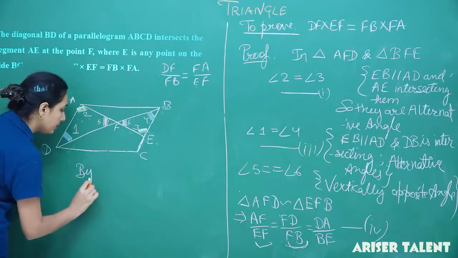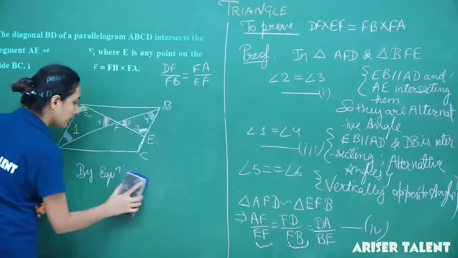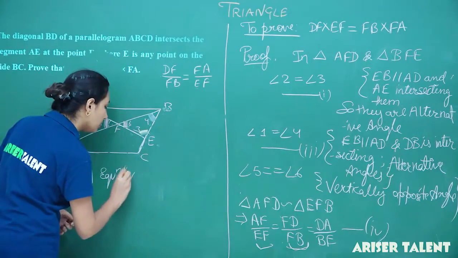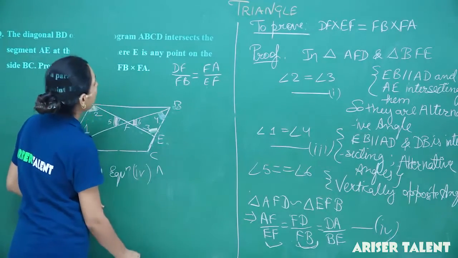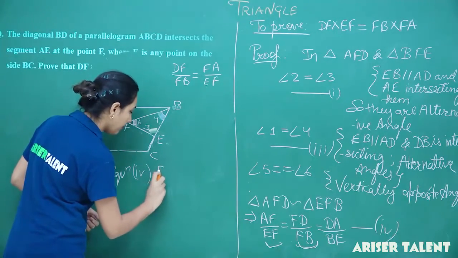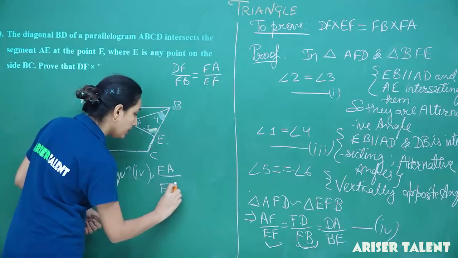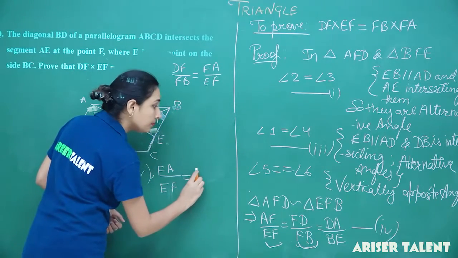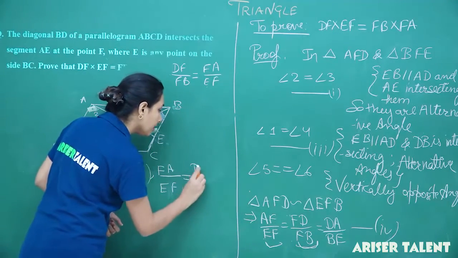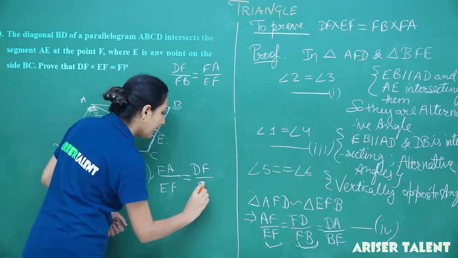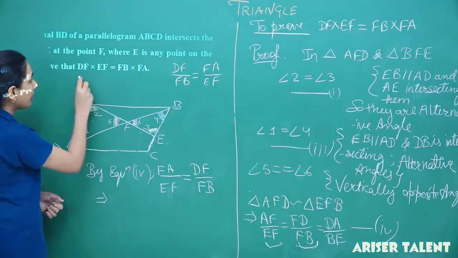By equation 4, we have FA divided by EF equals to FD by FB, right?